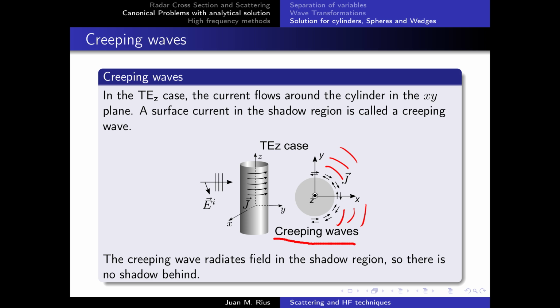Often in real life the geometry of the object is much more complex than a canonical geometry, and there are very few objects that have a shape similar to canonical geometry, like a cylinder, a sphere, etc. However, the study of the analytical solutions for canonical geometry allows us to have a lot of insight of the scattering phenomena.